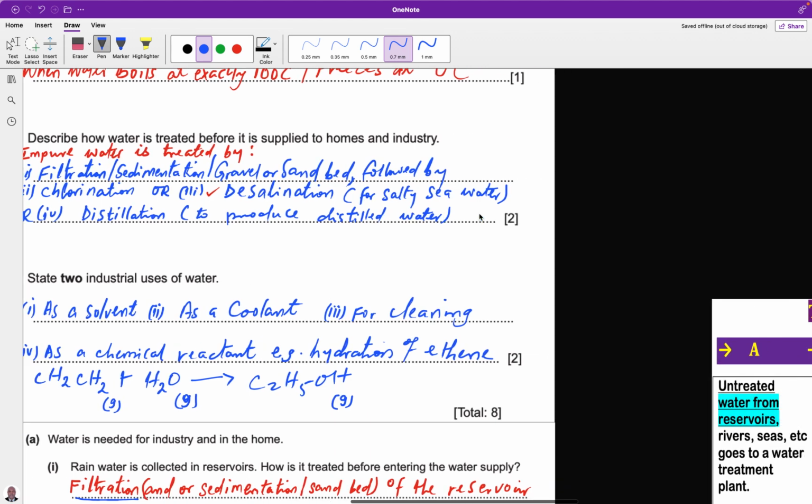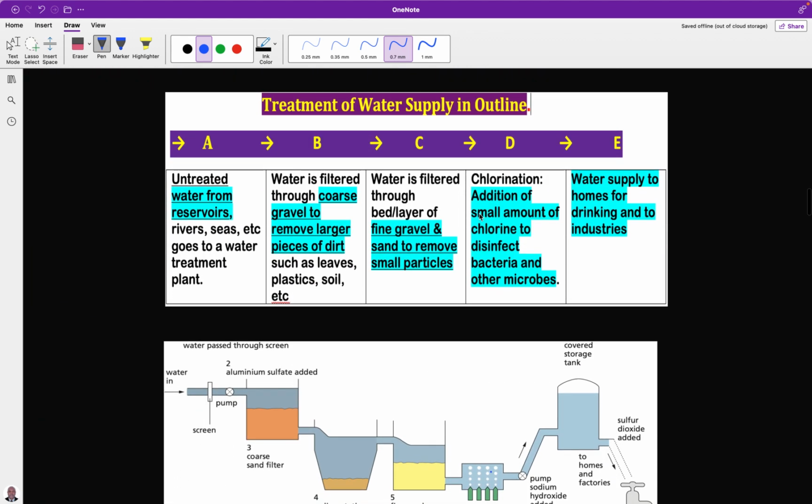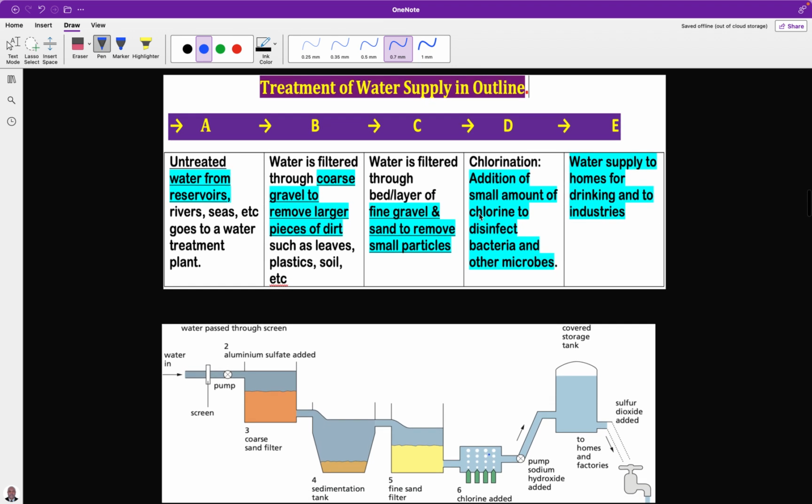For instance, I want you to watch this. Now, look at this one here. This is water that comes from everywhere, be it rainwater or seawater. Before it enters this reservoir here, the water is being screened, and pumped into this place.